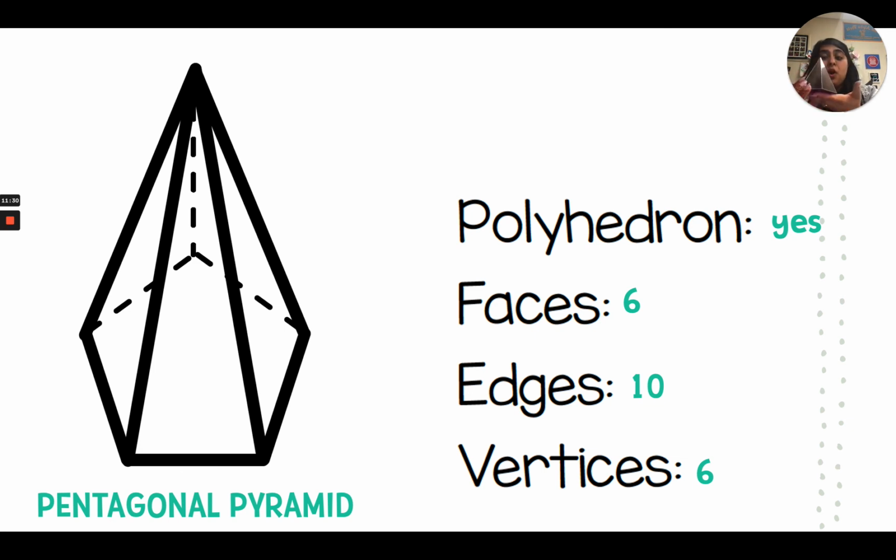And in fact, 1, 2, 3, 4, 5, 6, 7. Sorry, I couldn't count for a second. All right, then your edges, you'll notice that you are going to have how many edges?